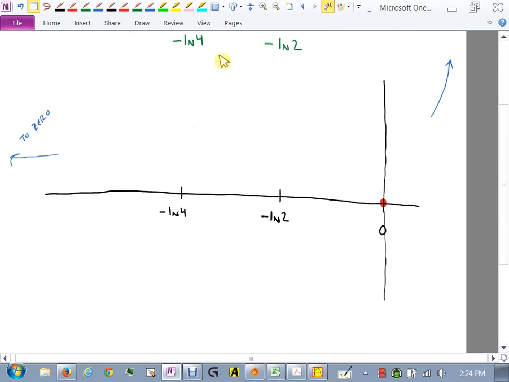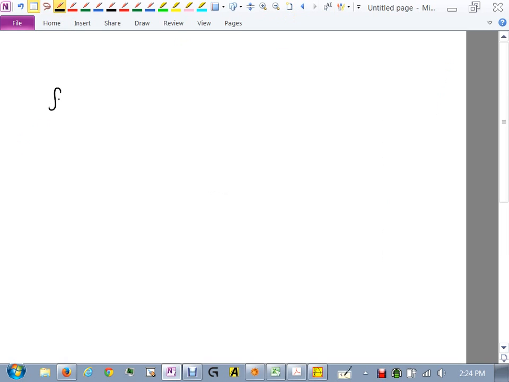So it's time for me to do that. I don't think I can avoid it anymore. So I have to do f of negative natural log 2, or how about this? I'm going to switch it back. Wasn't that what it was, like that? And then I switched it to negative natural log 2 and negative natural log 4.